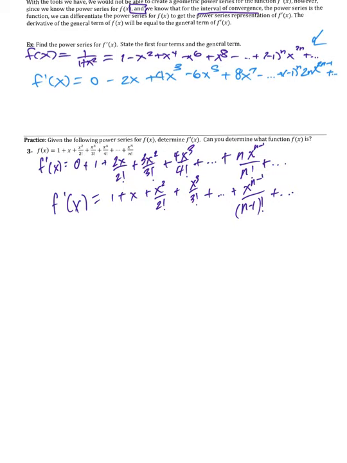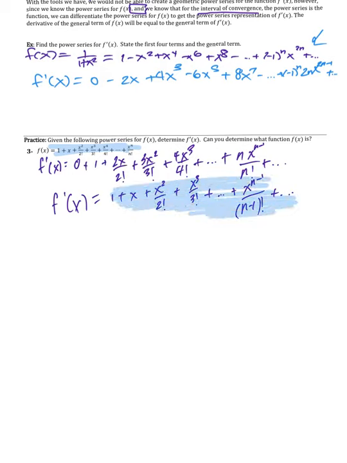Now, if you haven't already, pause the video and see what you notice about f of x in comparison to f prime of x, and if that helps you identify what function f of x is. So pause the video if you haven't already and stop and think about that. Okay, I'm hoping that what you noticed is this and this are the same.